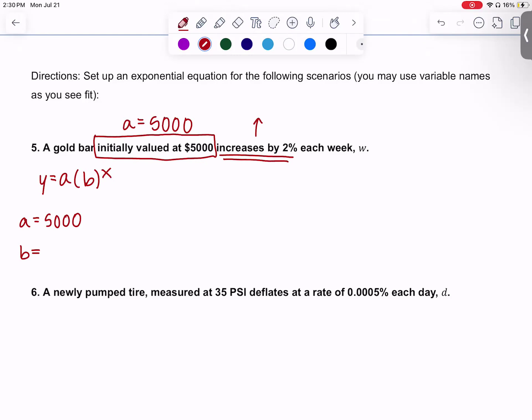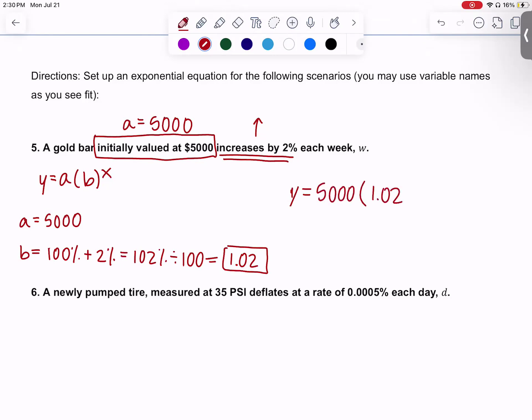It's going to be increasing by whatever the original amount is, 100% plus 2%. That's 102%. Divide it by 100, turn it into a decimal, and you get 1.02. Y equals 5,000 times 1.02 to the power of W. We're actually using W instead of X for time.